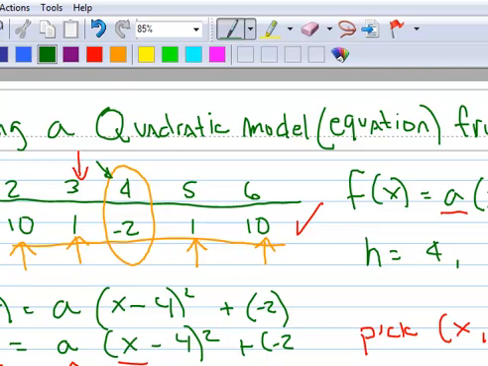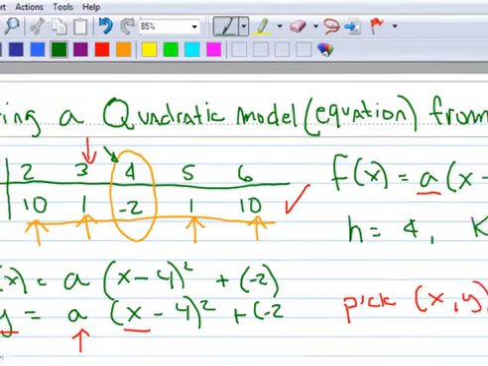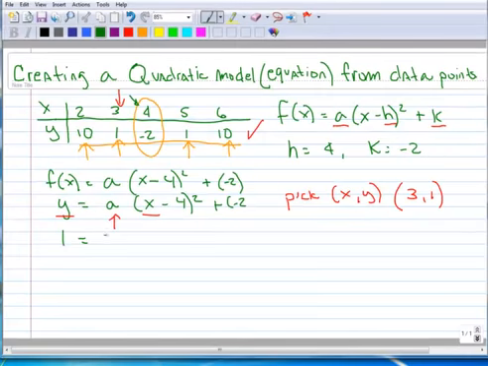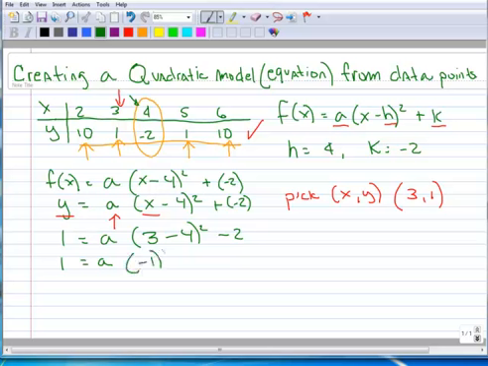Okay, so we're going to go ahead and put the 1 in for y. We don't know a. And we're putting in the 3 for x. I'm going to go ahead at this point and make that a -2. Alright, now I have an equation with one variable, a, so I'm going to work this through, solve it, and find out what a is. Let's work it out. Using our order of operations, 3 minus 4, well, that's -1.